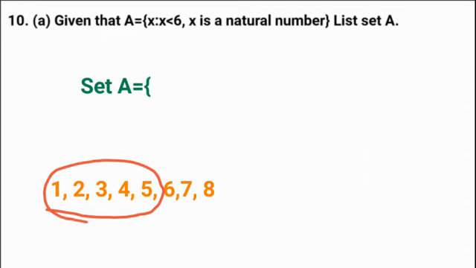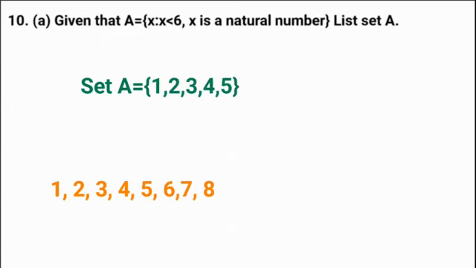These are the members of set A. Okay, 1 up to 5, because we're told x is less than 6. So therefore we can say set A is equal to that.